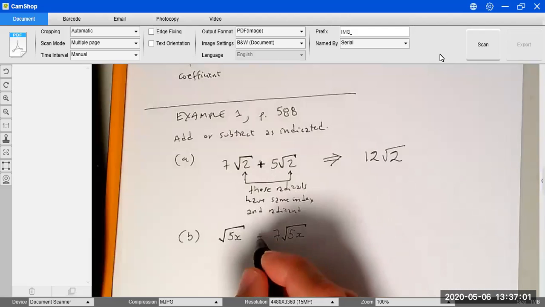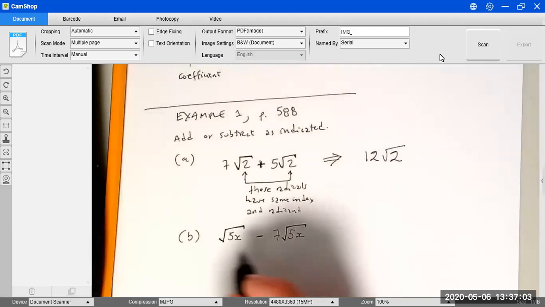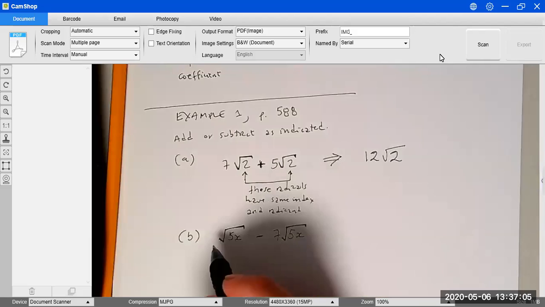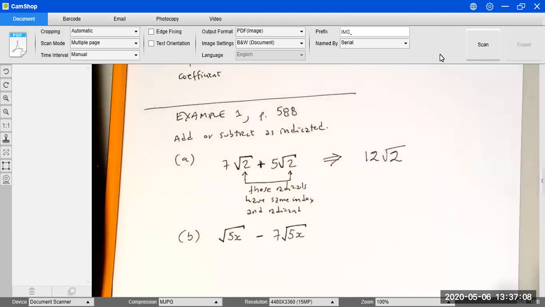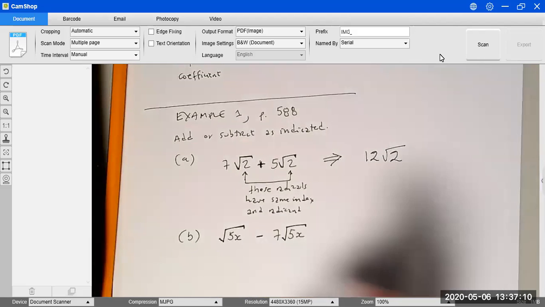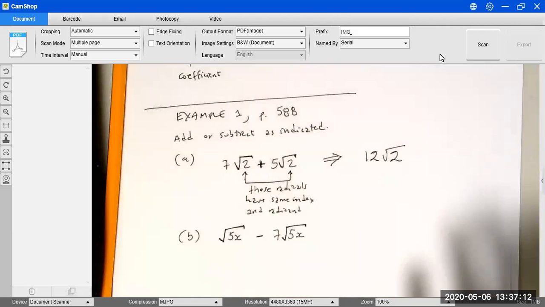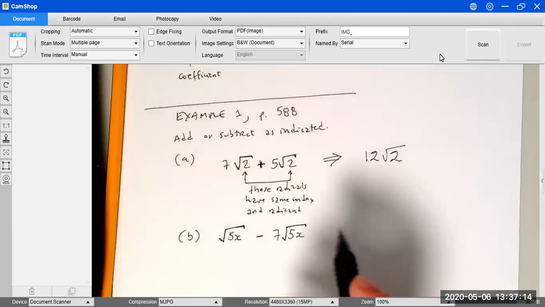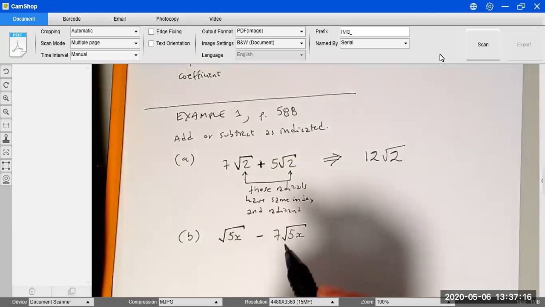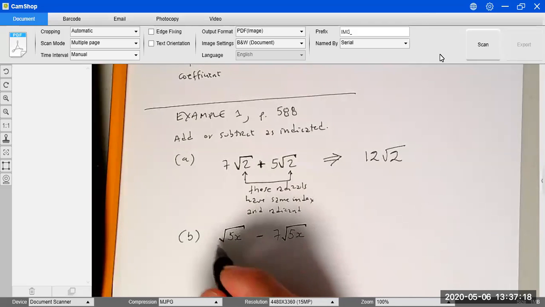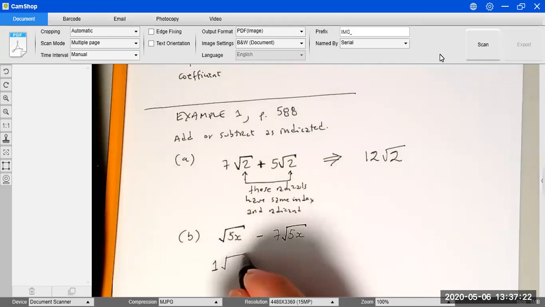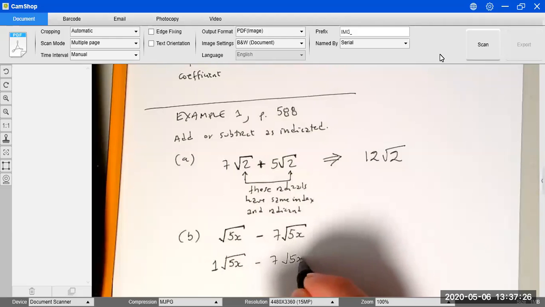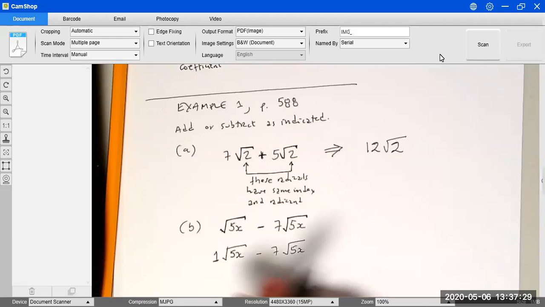In this case, we have a subtraction. So you're going to work again with the coefficients. What is the coefficient for the first radical? You're going to see that there is nothing visible in front of the radical, but you know that there is something there. You know that it is the number 1, right? You can do this in your mind.